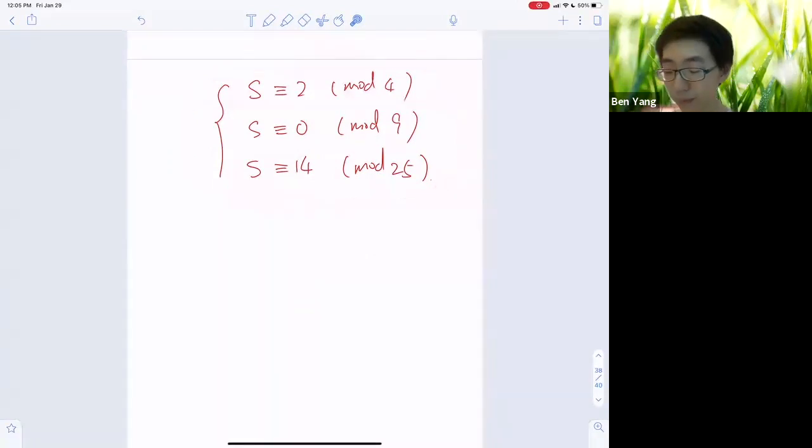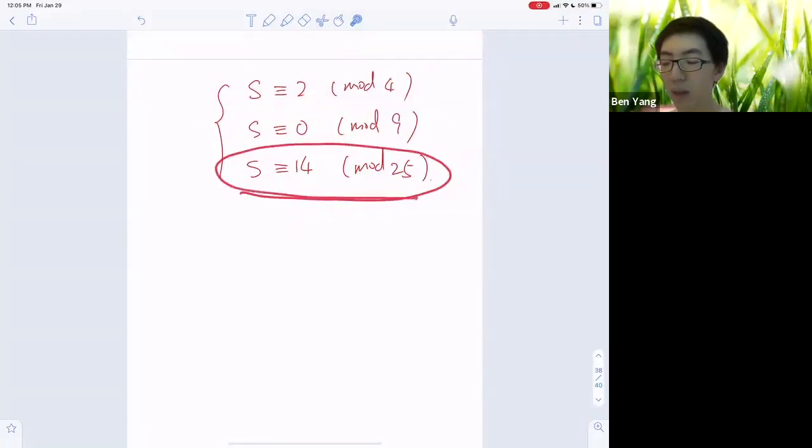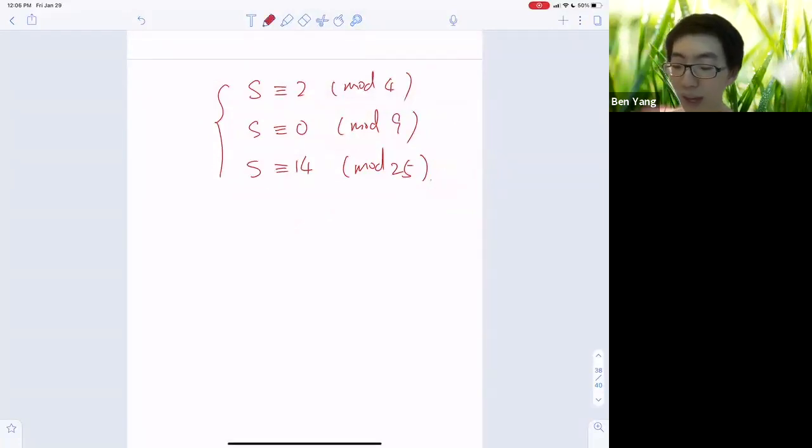So I guess we can start with the third equation here. We know we can write S as 14 plus a multiple of 25, where K is an integer.